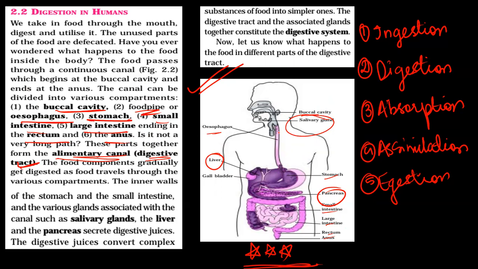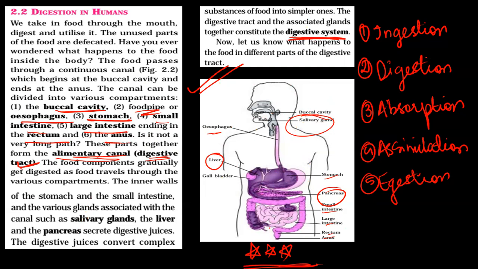They are actually glands. They have some secretions which help in faster digestion, in breaking down of substances, and they are known as the digestive glands. So they all together constitute the digestive system. So the digestive tract, the ones I have underlined, plus the ones I have circled, the glands, they constitute the digestive system. But this doesn't mean there are only three glands.